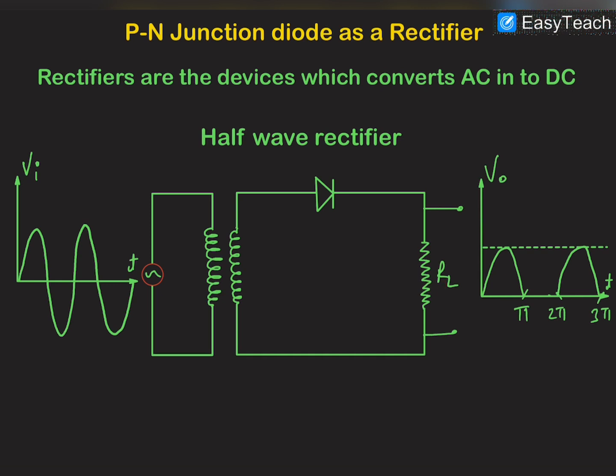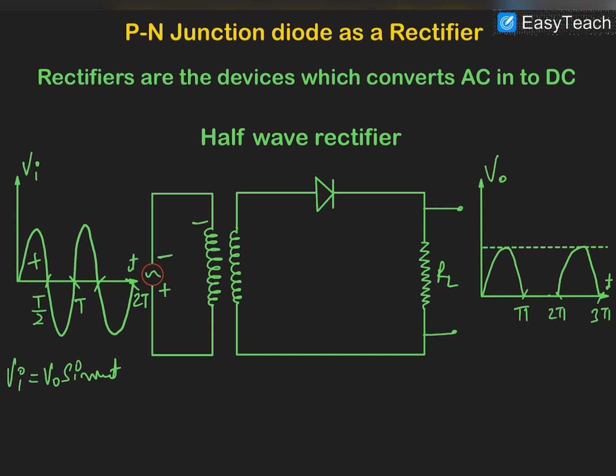So you can see that this is the input signal, and let us write down the input signal Vi as V0 sine omega t, and this is T by 2, this is T, this is 3T by 2, and this is 2T. Okay, so let us suppose that when the positive cycle is occurring, this is the positive terminal and this is the negative terminal.